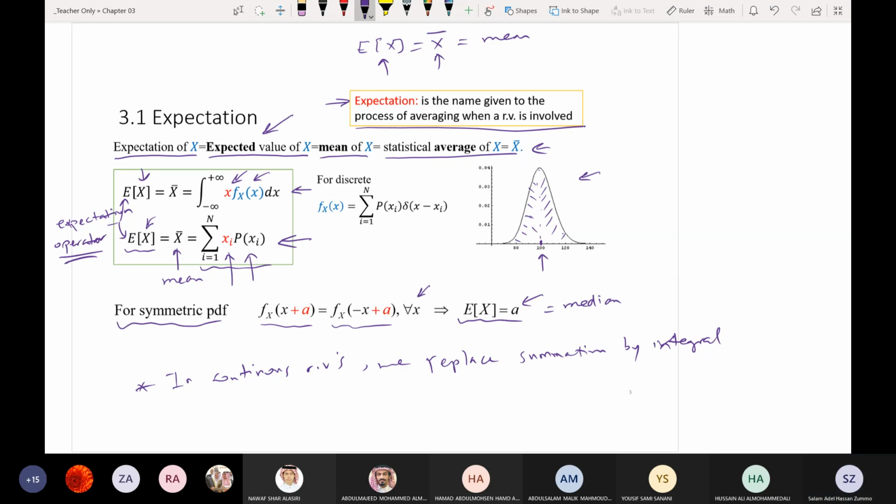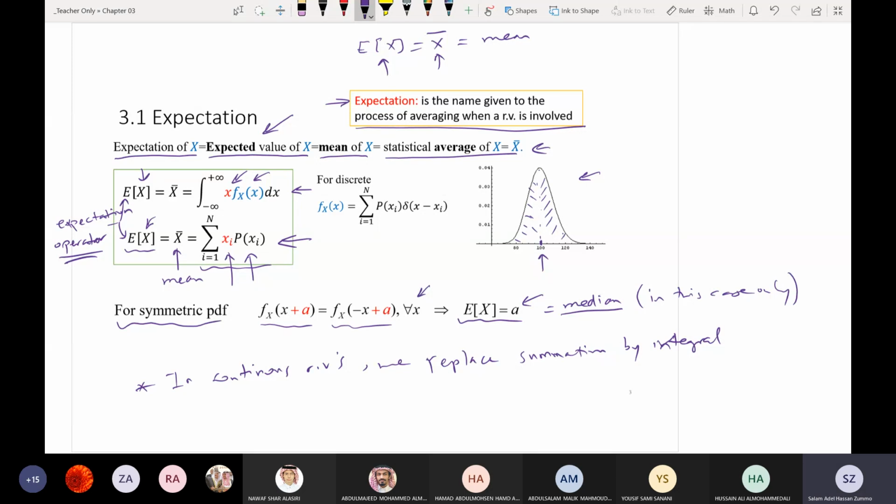In this case only, not necessarily otherwise. Remember the median is the number at which the probability that the variable is less than that number equals the probability that it's larger than that number, which divides the PDF into two equal halves.